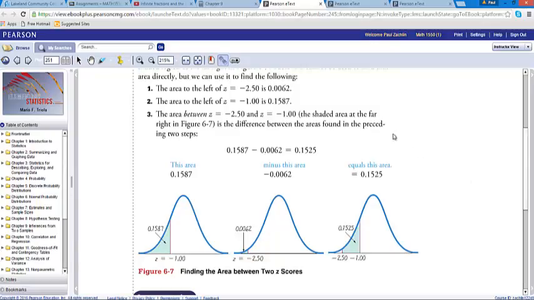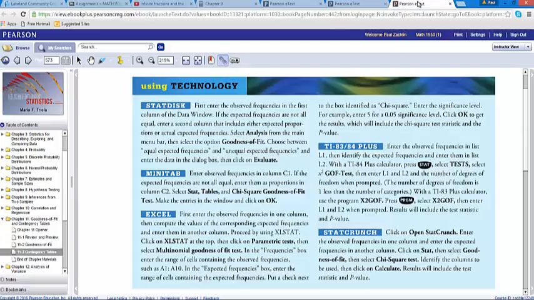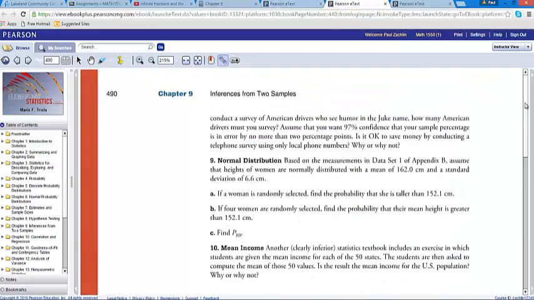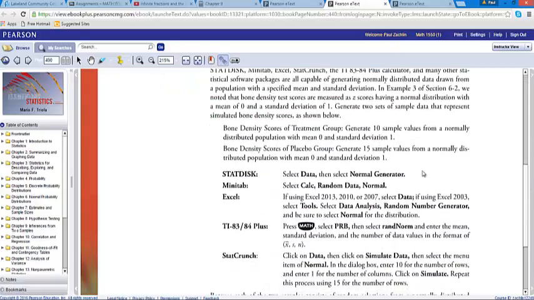Okay, so the Chapter 9 project mentions this and says, let's analyze what happens in the following scenario. We're going to give some treatment to a group of 10 individuals, and we're also going to have a placebo group.